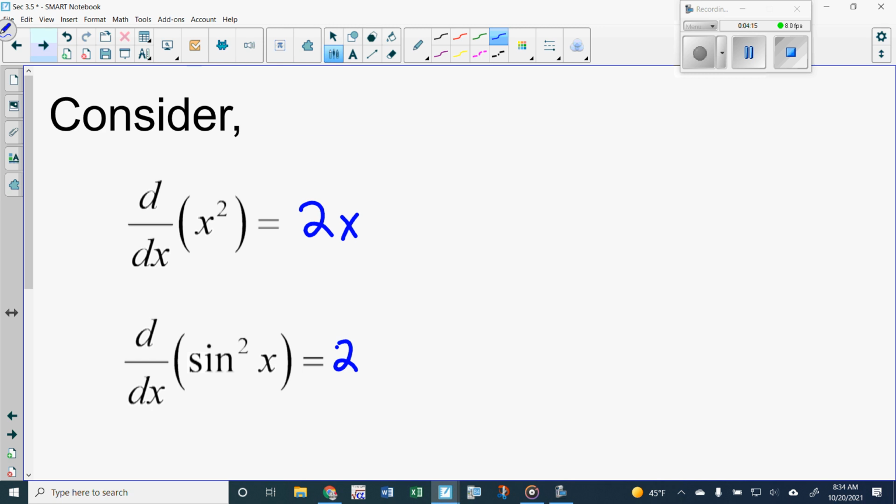No, it's 2 times sine, the derivative of the outside with the inside staying the same, times the derivative of sine, which is cosine. Chain rule, right? Like I said, that's where it gets hard. We know the words and we say it out loud, but to then not write down 2 cosine is harder.